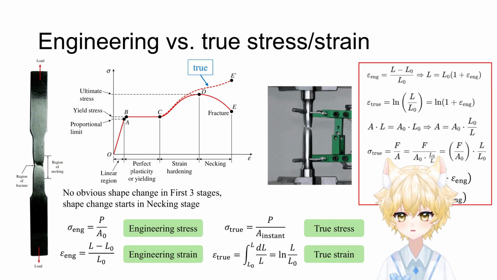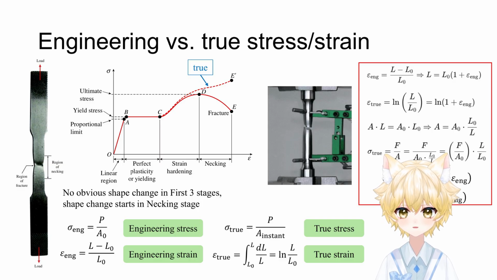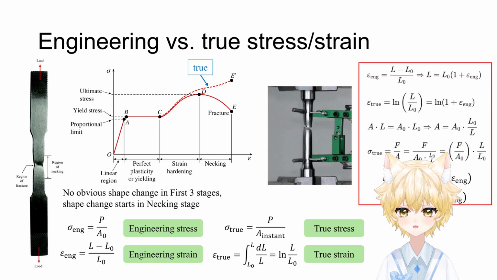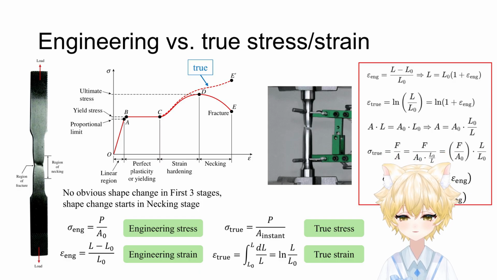Engineering strain is defined as the change in length divided by the original length. These definitions are simple, and they work very well for the early stage of deformation. In fact, for the elastic region and even the early plastic region, engineering stress-strain is usually sufficient.